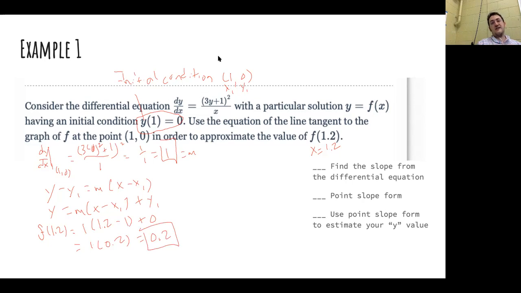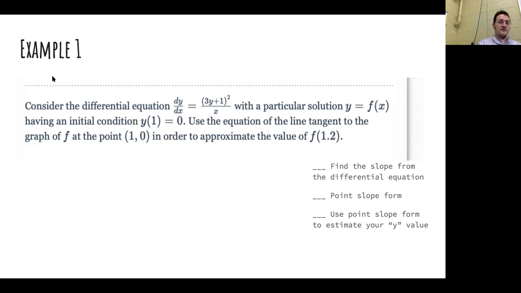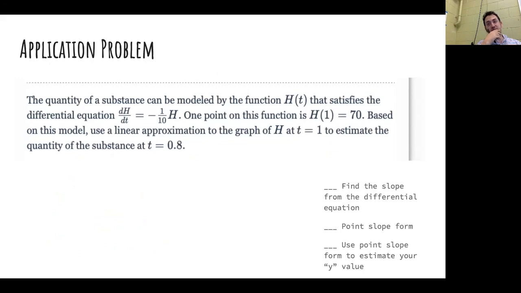All right, let's look at an application problem type of scenario. This is example 2. So some of these are not going to be like x and y coordinates explicitly, but it really is the same idea. So first thing that I would do is I would find my initial condition. So my initial condition is 1, 70. And what this is telling me here is that the t value, which is my independent variable, is 1.